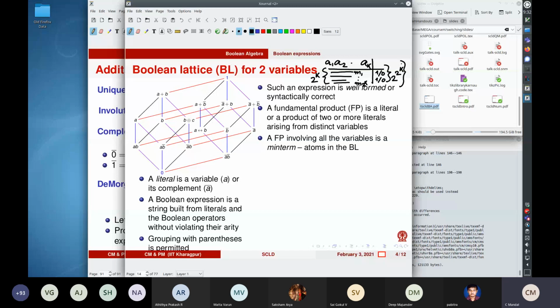You also get it from the Stone representation of a Boolean lattice, and from the irredundant irreducible sum representation, any element of a Boolean lattice essentially corresponds to one of these Boolean functions, that is, a certain choice of the min terms.